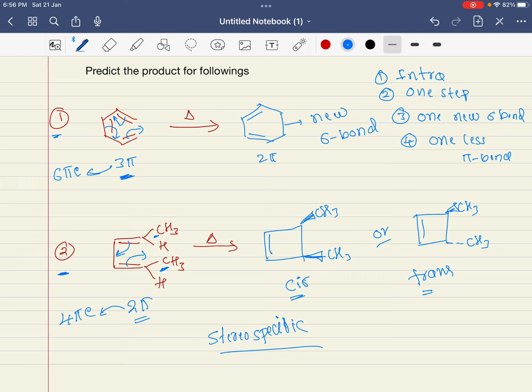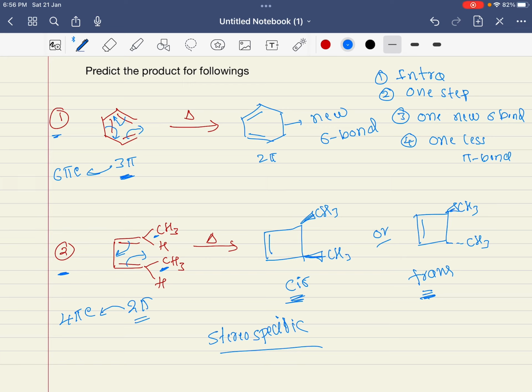In my introductory lecture I told about stereospecific reactions. Stereospecific reactions are those in which only one product is possible, and in that product whatever the stereochemistry in the reactant will be faithfully reproduced. I talked about this thing. So as this is a stereospecific reaction, only either cis or trans is the product. We don't know which one is the product here.